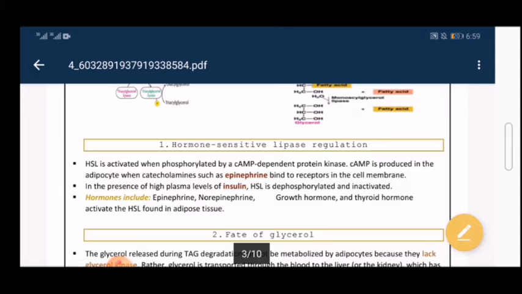Because cyclic AMP is a sign of low energy, and we are already breaking down the fats to get energy, so this seems to be logical. On the other hand, insulin inhibits all this when it binds to the receptors, since it leads to dephosphorylation of HSL, and as we said before, it's activated when phosphorylated and inactivated when dephosphorylated.